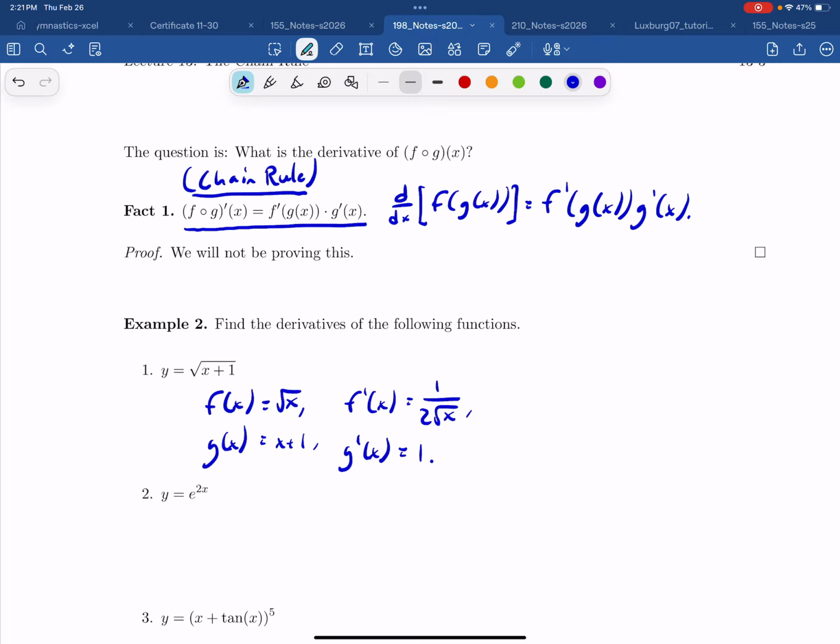Okay. So dy over dx, that's what's going to equal, right? It's going to be f prime, 1 over 2 square root of, this is the f prime of g of x.